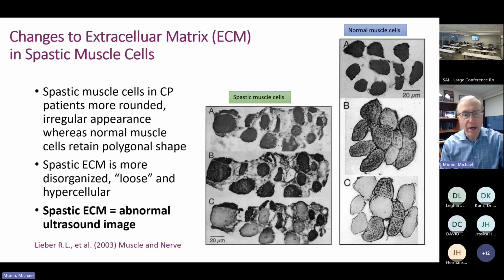You don't see a whole lot of extracellular matrix in between them. Compare that to spastic muscles, and you see that the extracellular matrix is more disorganized, loose, and hypercellular. And it turns out that this spastic extracellular matrix gives an abnormal ultrasound image, so we actually can see this when it develops.